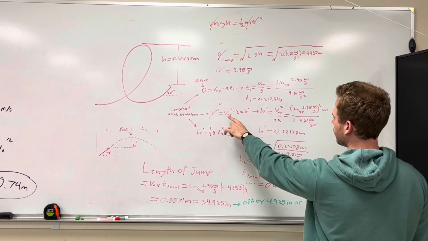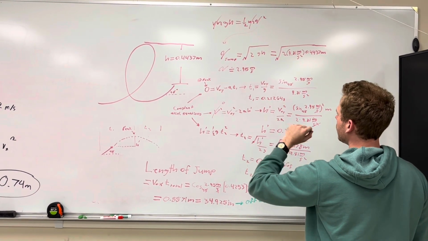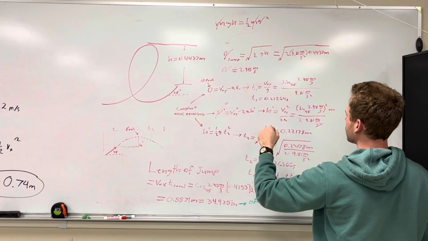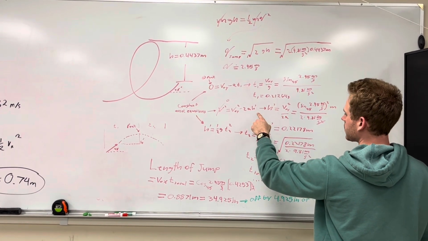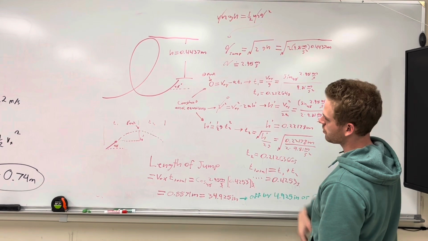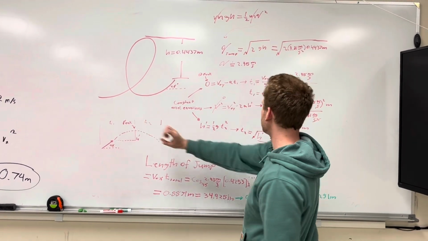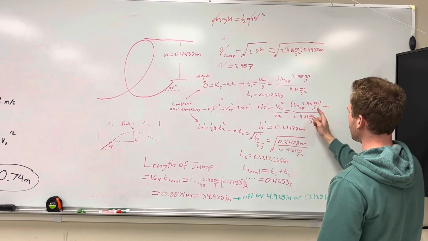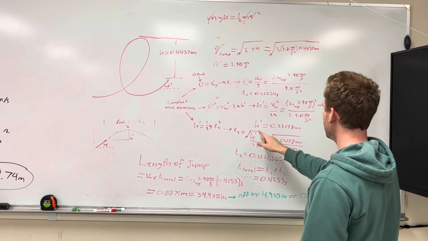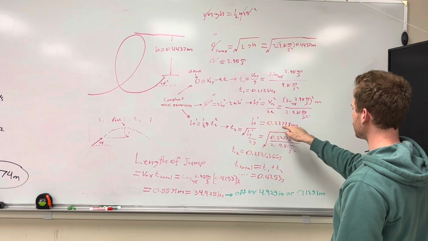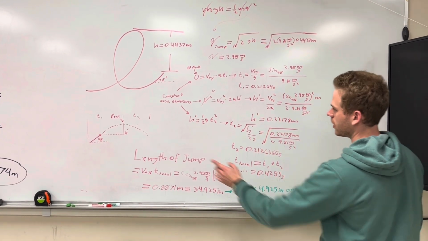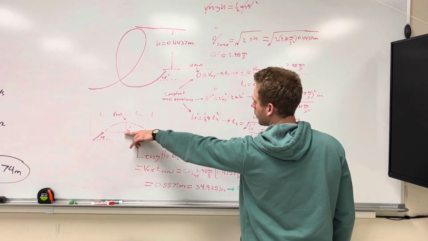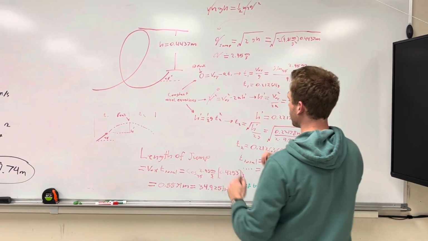So it's the y component of the magnitude of the velocity squared minus 2 times the acceleration of gravity times h prime. Your h prime is the height of the jump there. Solving for that height, I found it's 0.22178 meters. And that's the height from the top of the parabola.